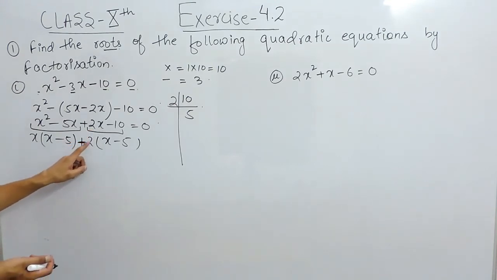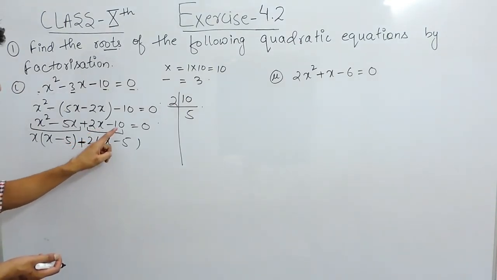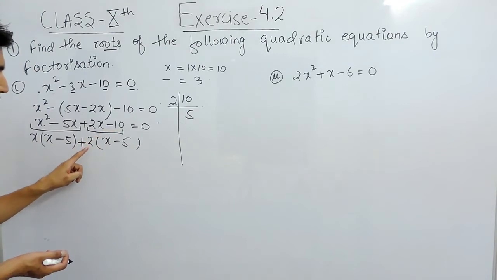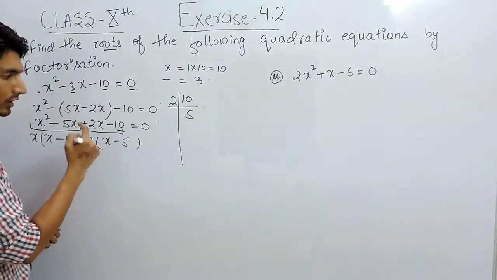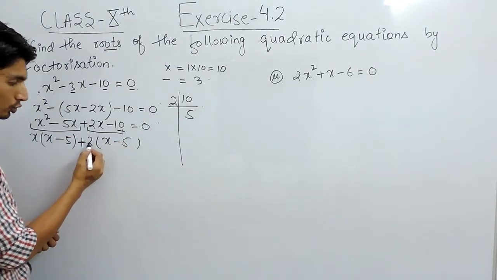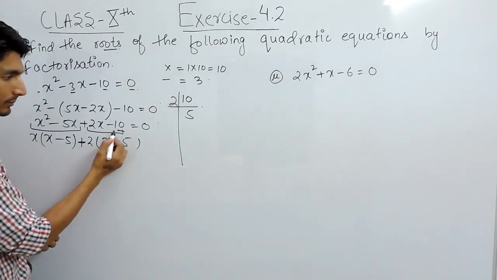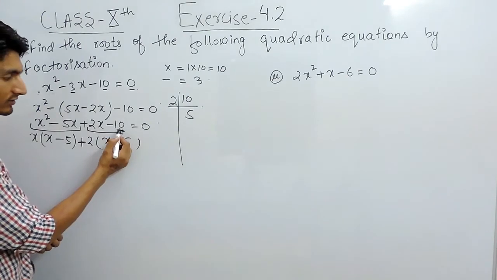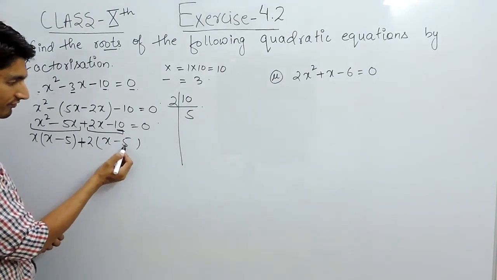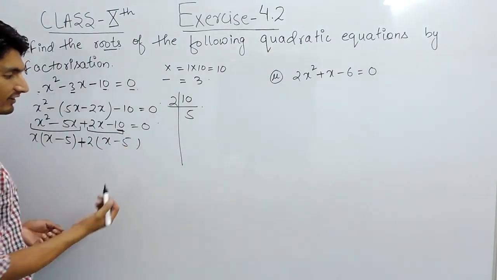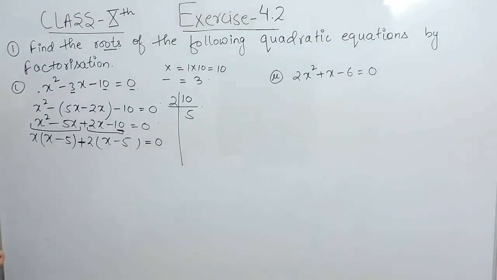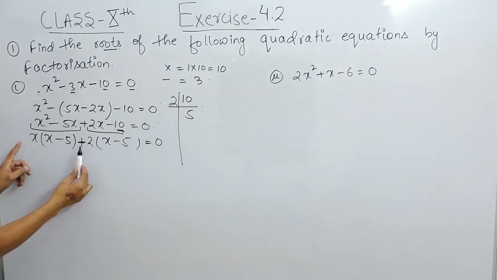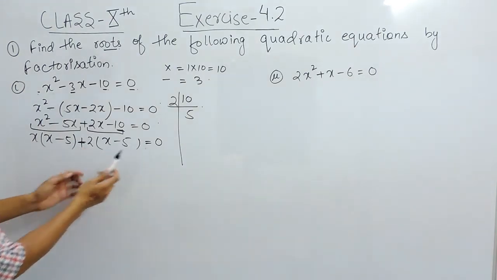So plus 2 is taken out, and from 10 you have to take 2. One thing is very important: when you take common, you don't take the number 10 itself but its factor. The factors of 10 are 2 and 5, so if 2 is taken out, only 5 will remain inside the bracket. So this will be equal to 0. Now this is one term, and plus, again, this is another term.